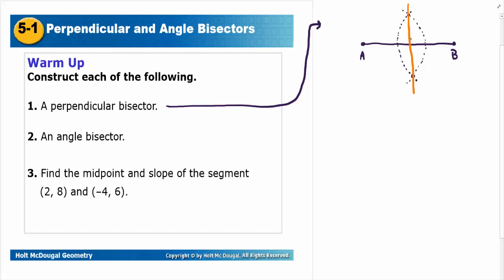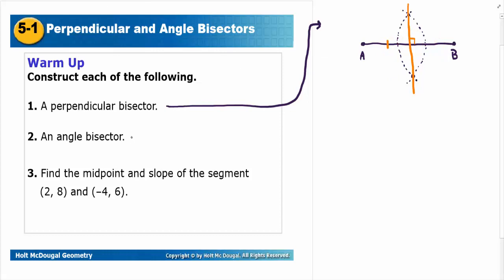And what we should have constructed is a perpendicular line that bisects, these are my tick marks, that bisects the segment. So that would be how you construct a perpendicular bisector. Obviously, as I look at this, if I was grading this, I'd be looking for the arcs in the appropriate spots, and I want to see these 3 things: the congruent tick marks and your right angle.